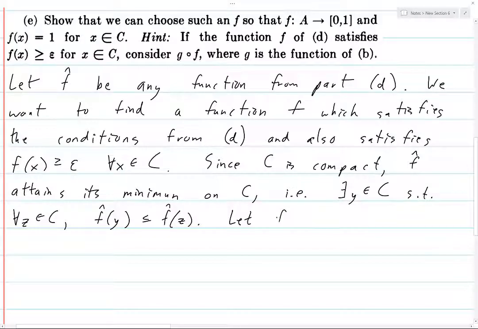So let f of x be defined to be, hold on, my notation in my notes is different from here. So f of x is going to be f hat of x times epsilon divided by f hat of y.